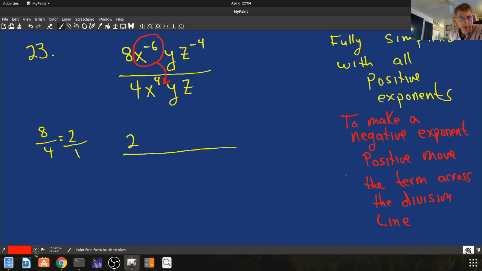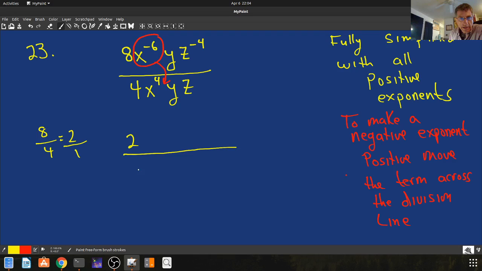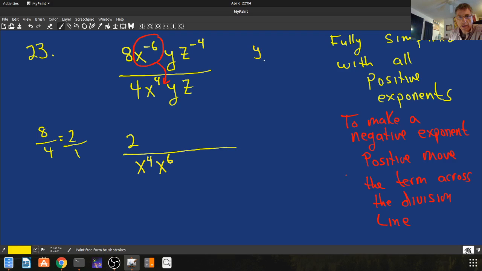So down here I already have an x to the 4th, and it's going to be joined with an x to the 6th power. Now the next thing we're going to do is cancel any like terms. Here is a y and here is a y, and y divided by y is equal to 1.